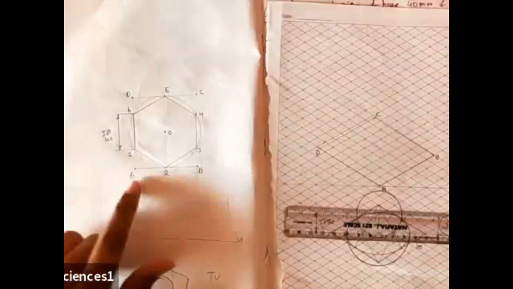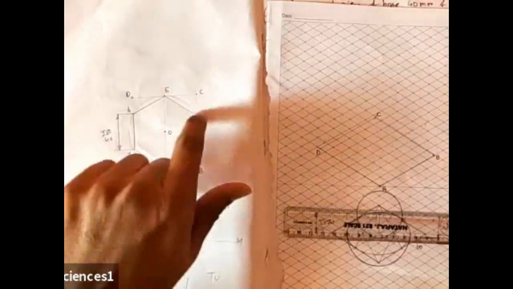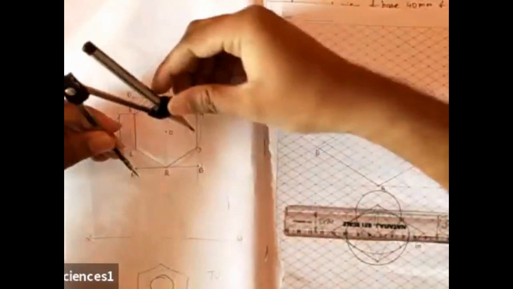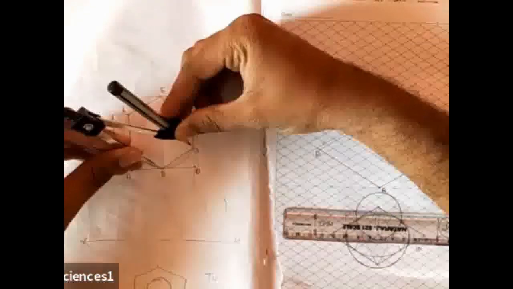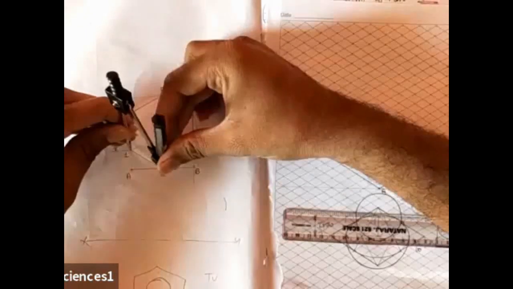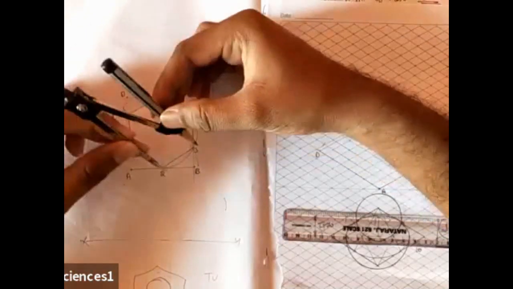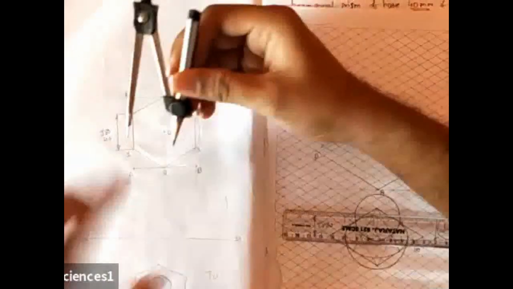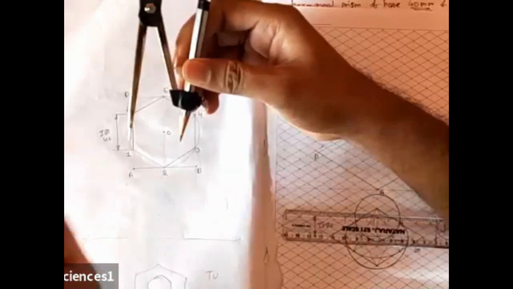The next thing you'll be doing is transferring points 1, 2, 3, 4, 5, 6. I told you in the last class, you cannot transfer the cross lengths, like point 1 to 2 and point 2 to 3. When transferring lengths, remember, it should be either a horizontal length or a vertical length.